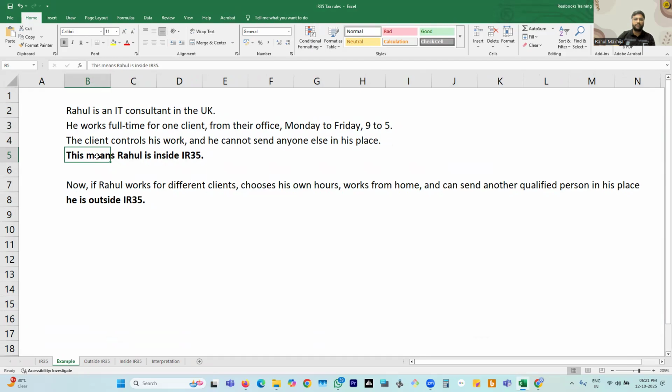The client controls his work and he cannot send anyone else in his place. This means Rahul is inside IR35. Now, if Rahul works for different clients, chooses his own hours, works from home, and can send another qualified person in his place, then he's outside IR35.